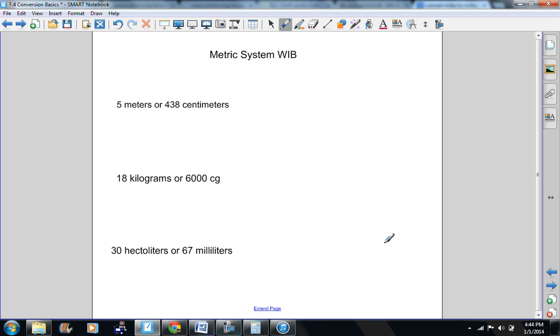Now, which is bigger using the metric system? Now, this one we don't actually always have to type in because we know that centi means 100. So 5 meters or 438 centimeters, well, that means that we're going to take this times 100, which is 500 centimeters. Well, 500 is bigger than 438, so 5 meters is bigger.